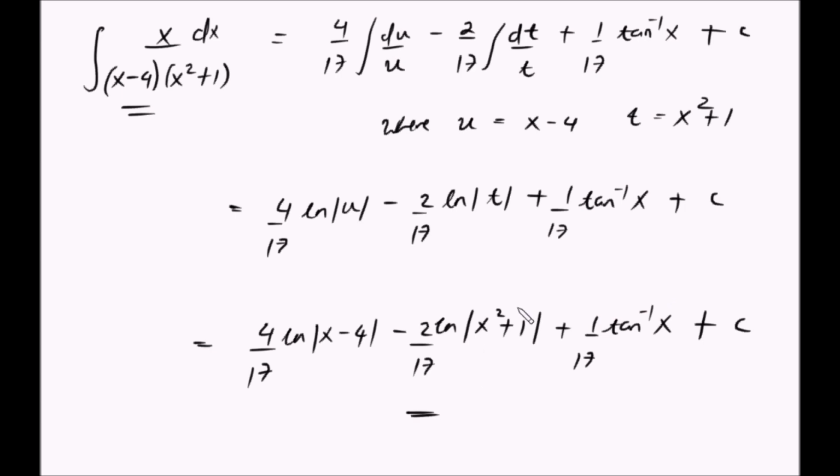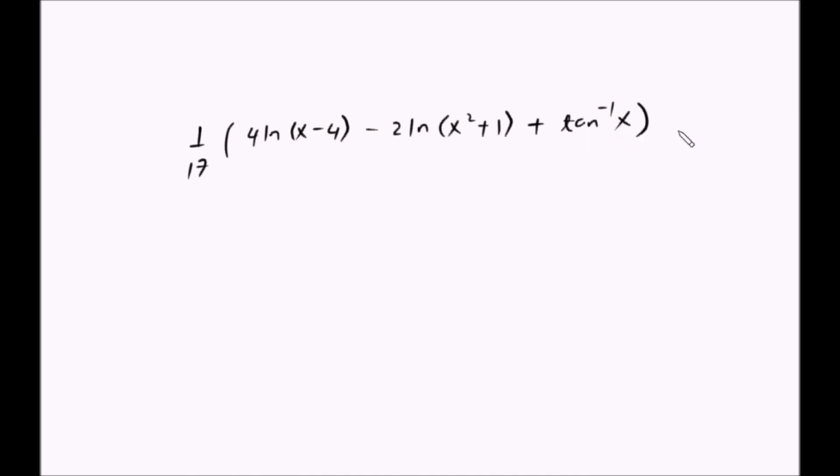So let's go to example 2 now. Oh, let me just factor out. So the final answer will be, we have 1/17 outside, and then we have 4 ln of x minus 4 minus 2 ln of x squared plus 1 plus tan inverse of x.